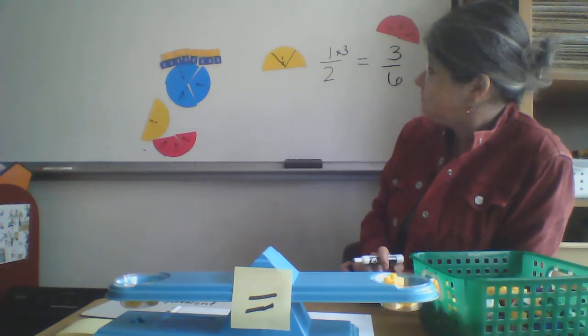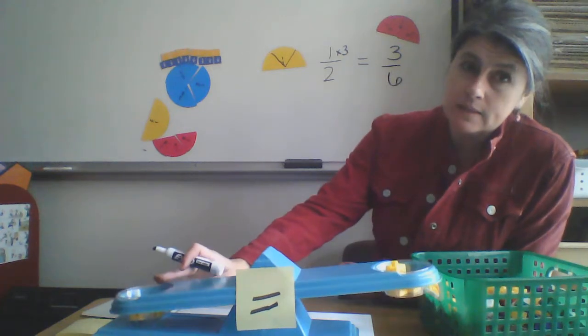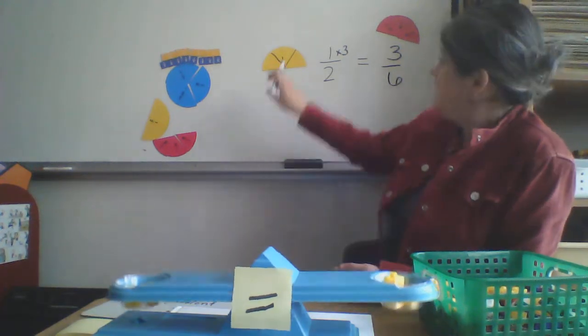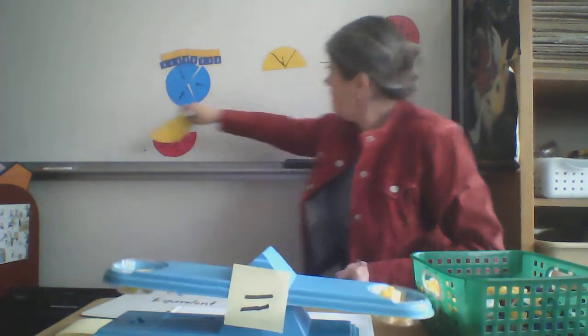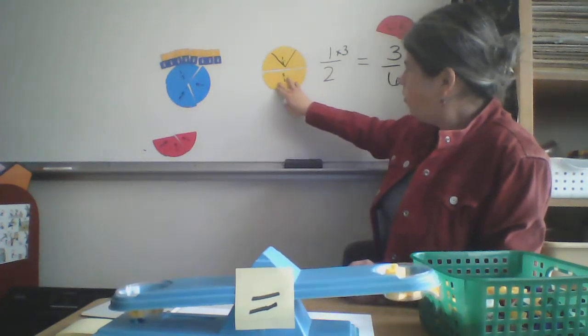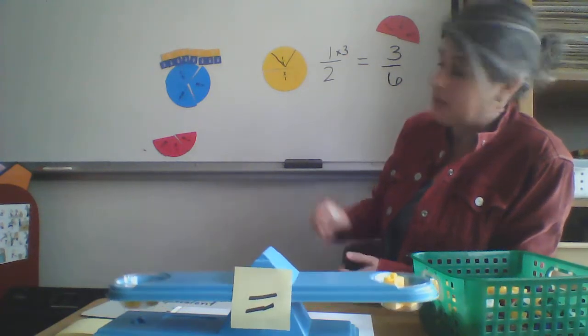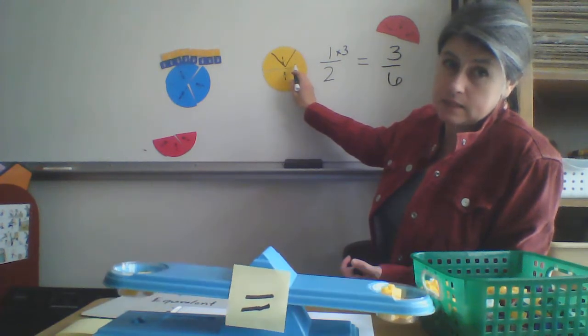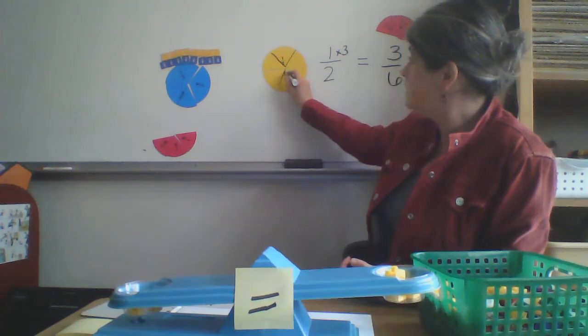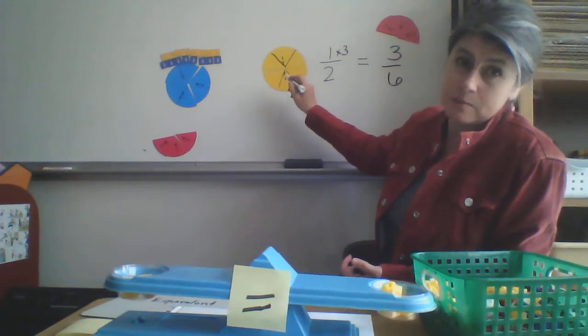But if I do something to one side, I better do it to the other side. Because now I'm talking about this little piece and this little piece and this little piece, and I'm going to compare it to this piece for the whole. And it doesn't match. I have to have them be the same. So if I cut the top into 3 times as many pieces, I better cut the bottom into 3 times as many pieces.